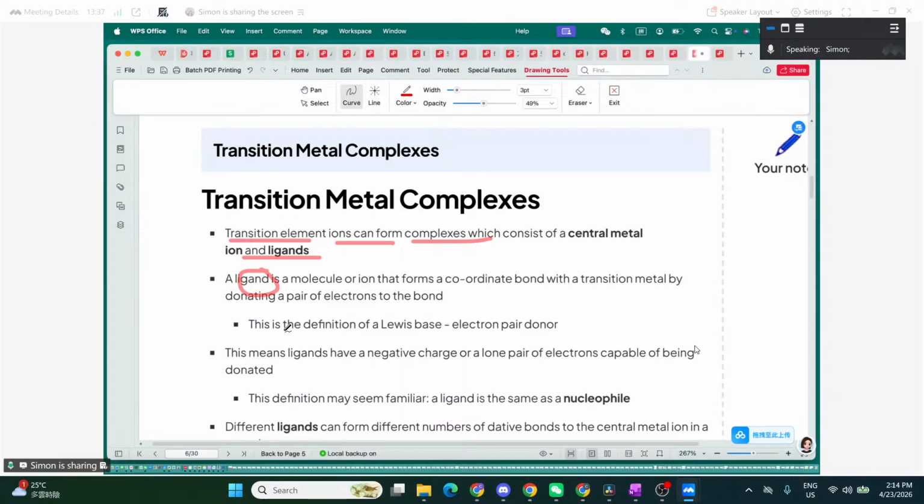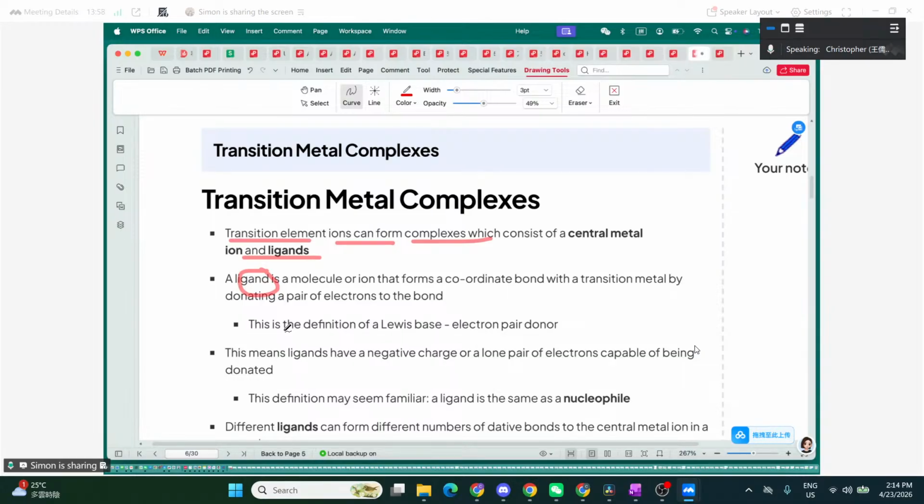Tell me. A nucleophile donates a pair of electrons to the partially positive group or center atom to substitute a group.